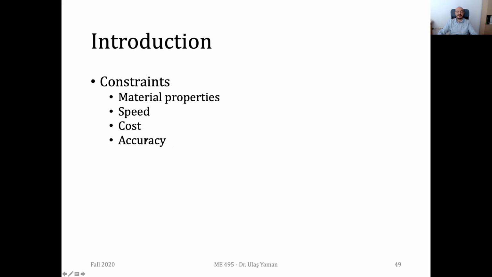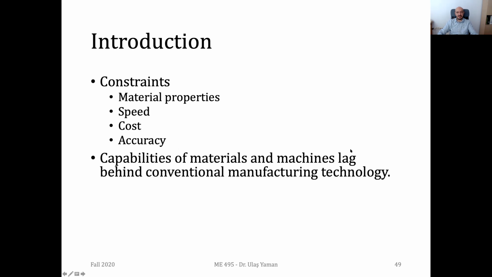For small parts, you can obtain high accuracy and highly detailed geometries. And we can say that right now, additive manufacturing is a bit behind conventional manufacturing technology. But this gap is decreasing every day, and probably in a few years, maybe 10 years, this gap will be very small. Maybe they will even have the same capabilities in terms of such constraints.